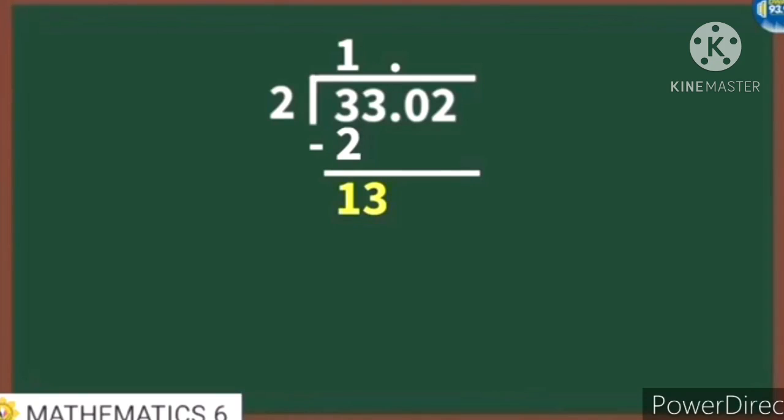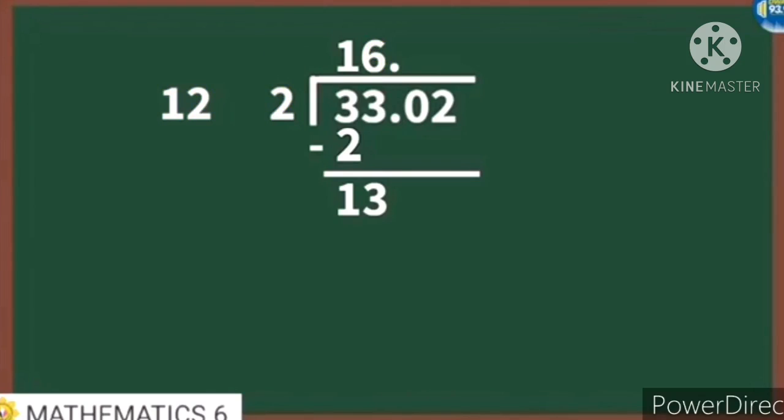So 13 divided by 2 equals 6. Write the quotient above. Next, multiply 6 by 2. The answer is 12.